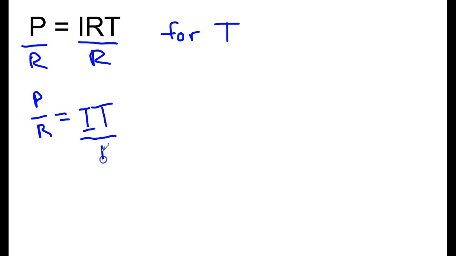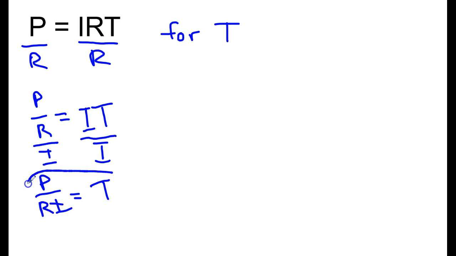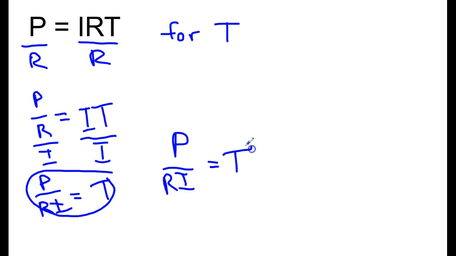And then we could again divide by I. Then we have P over R over I, but really that's the same as P over RI. Sorry, I equals T. Let me write that a little bit neater. So P over RI equals T.